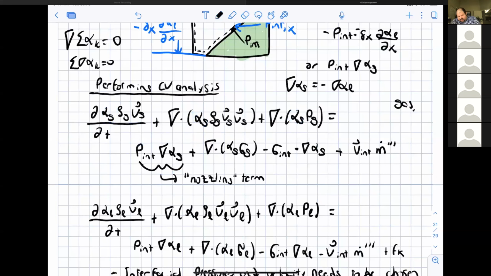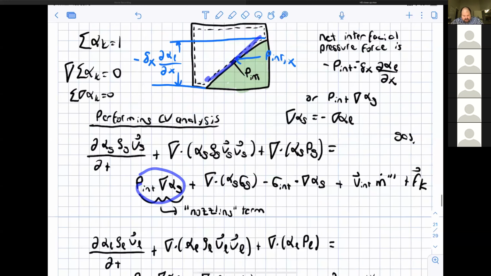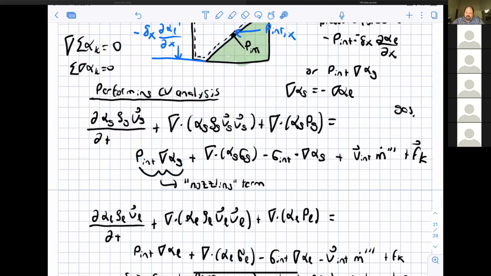And actually, I should put F. Okay. Add an extra term there. And so this here is resulting from this interfacial pressure term here, and it's called a nozzling term.